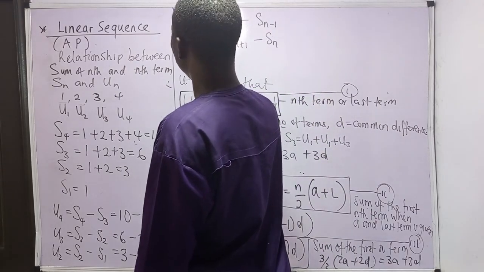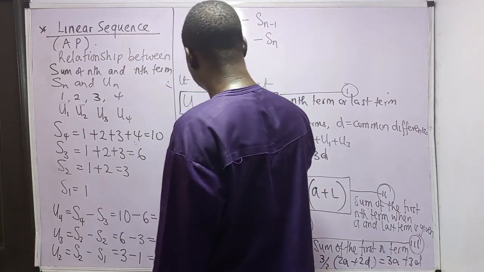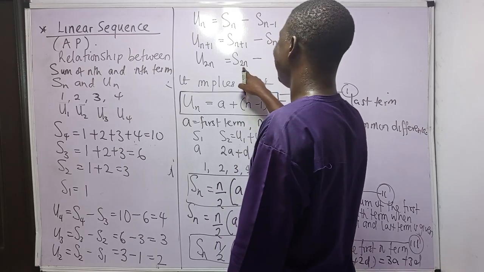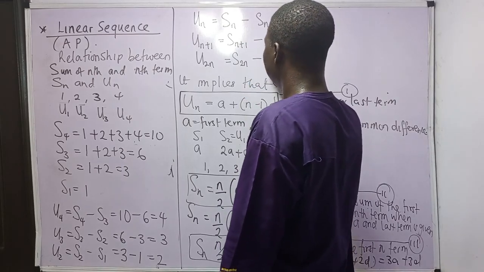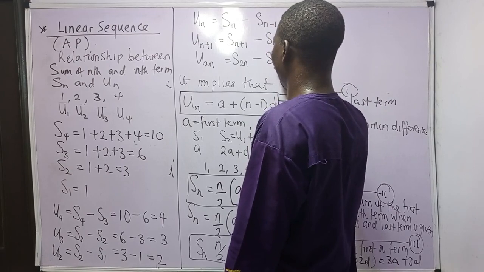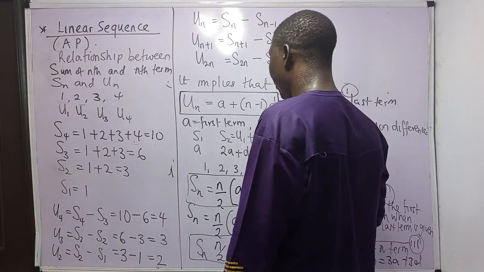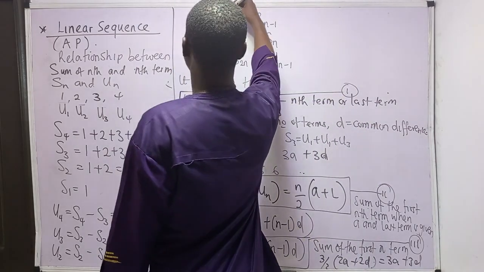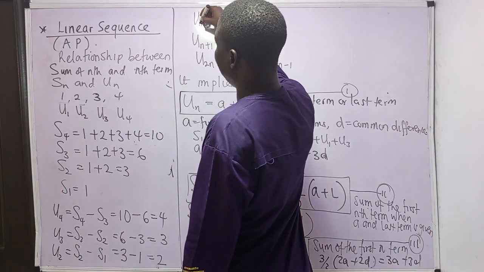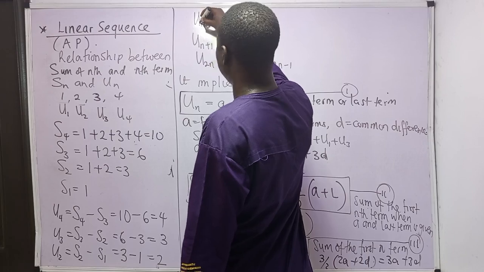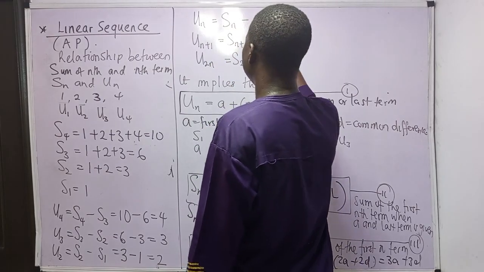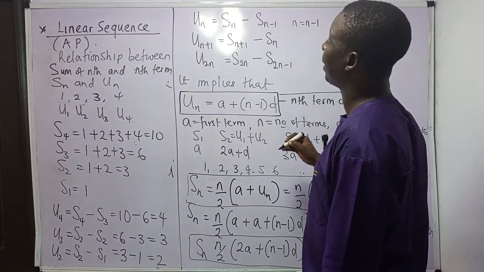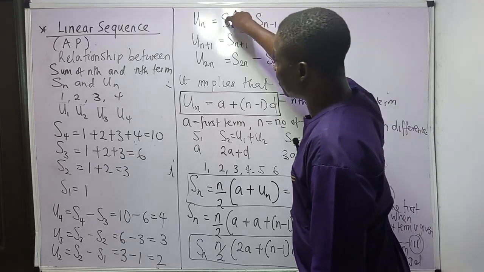If I give you U2n, what do you have? S2n minus, remove 1 from 2n, S(2n minus 1). So we have generated a formula that can be used to solve questions when you are given the sum and you have to find the nth term. Don't forget, n can be replaced with n minus 1 in the question to get this particular one from here.